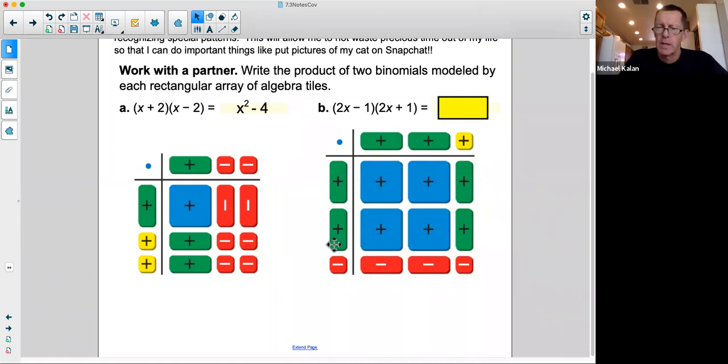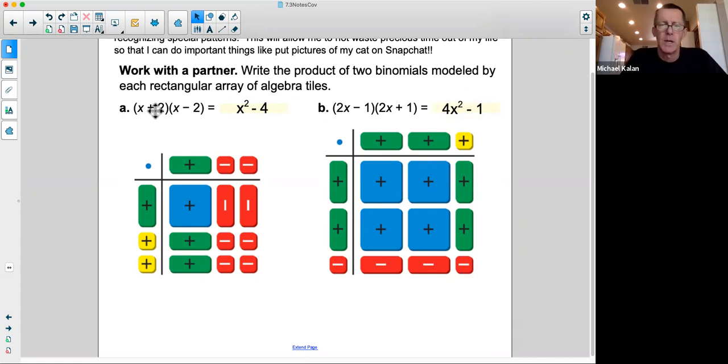That's 2x times 2x. And then negative 1 times positive 2x is negative 2x. Positive 2x times positive 1 is 2x. Negative 1 times positive 1, excuse me, is negative 1. What cancels? Yep, our middle terms. And what are we left with? 4x squared minus 1.